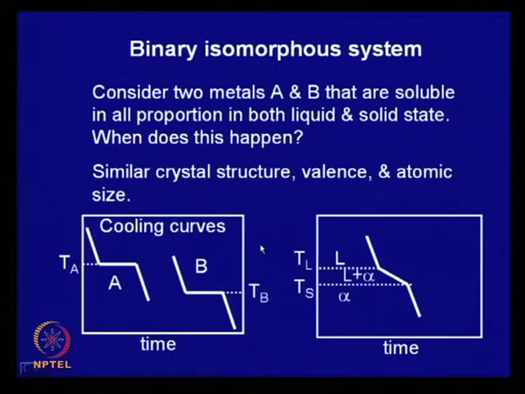Now, first let us look at the binary isomorphous system. Let us consider two metals A and B that are soluble in all proportion in both liquid and solid state. We have looked at this earlier while dealing with crystal structure. When can this happen? In the liquid state, the miscibility is well known.